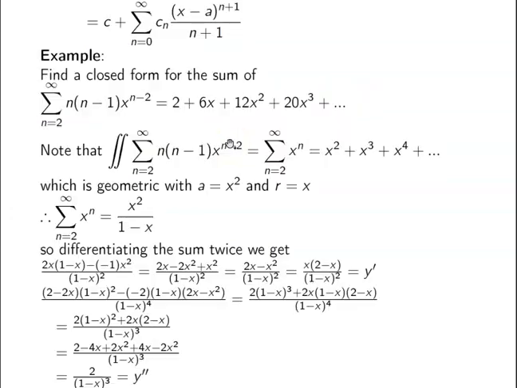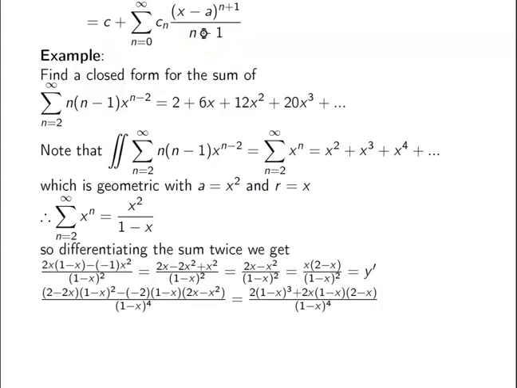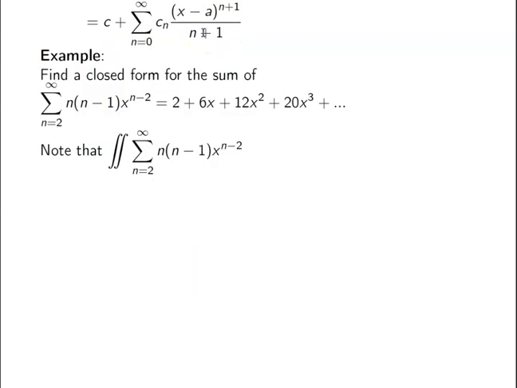Okay, so that's my y double prime. And so this series is the power series representation of this function. Okay. So again, what did I do? I recognized this general form as the second derivative of the general term of the sequence. So I integrated it twice.